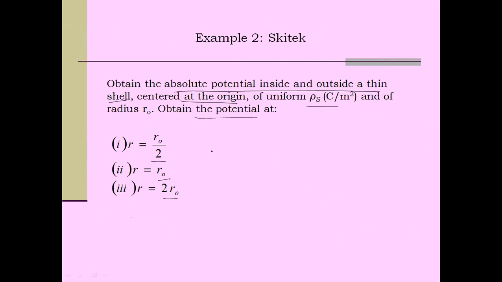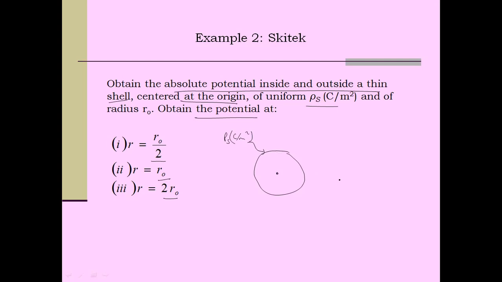For this, we are given a shell, centered at the origin with uniform rho s on the surface. It means that we have the surface charge density rho s on the surface of your sphere, on the shell.